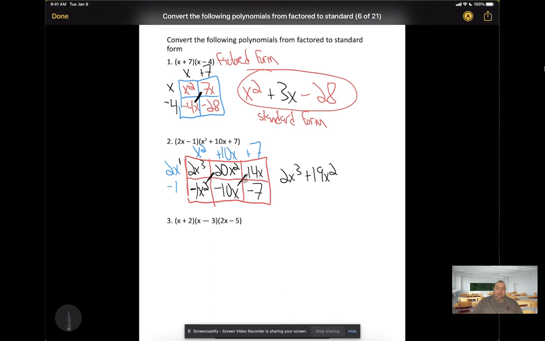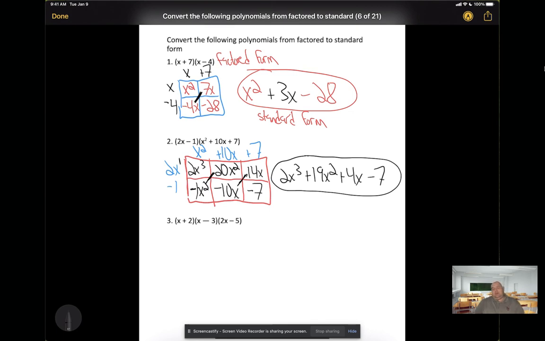This diagonal I have 14x and negative 10x. So 14 and negative 10 is going to combine to 4x. And then my constant term is minus 7. So my standard form is 2x cubed plus 19x squared plus 4x minus 7. So that's my answer for number 2.